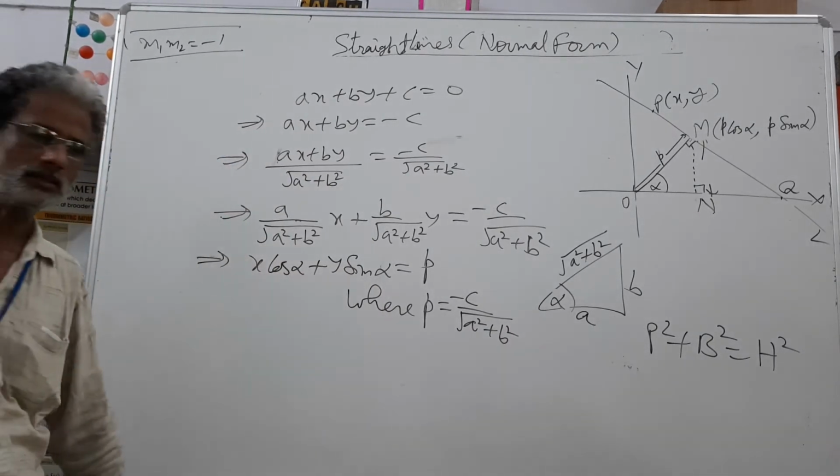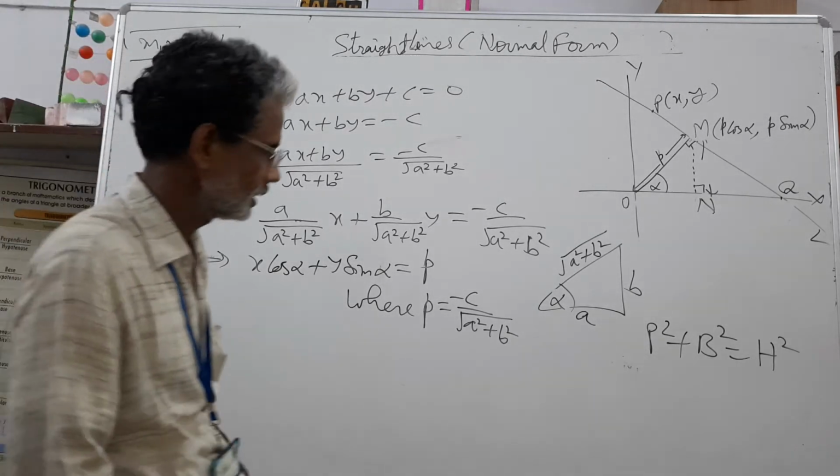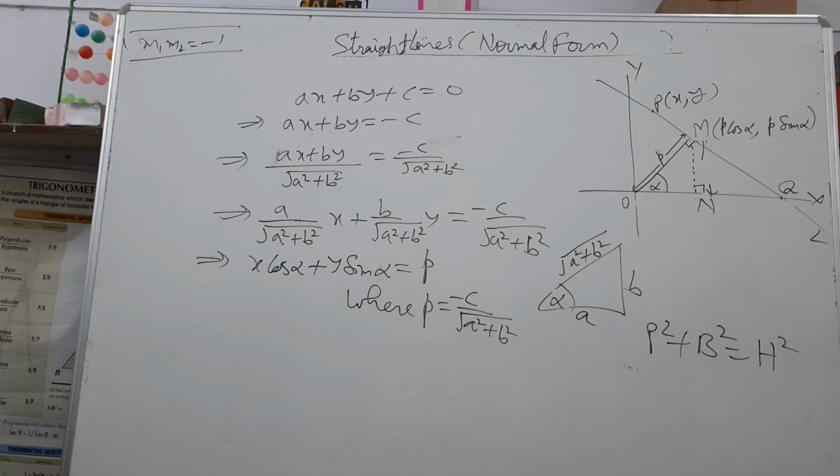This is the method of how to convert a general equation into normal form. Take a numerical example also.